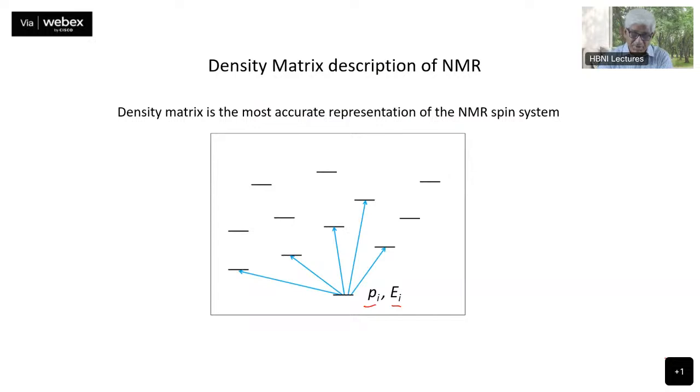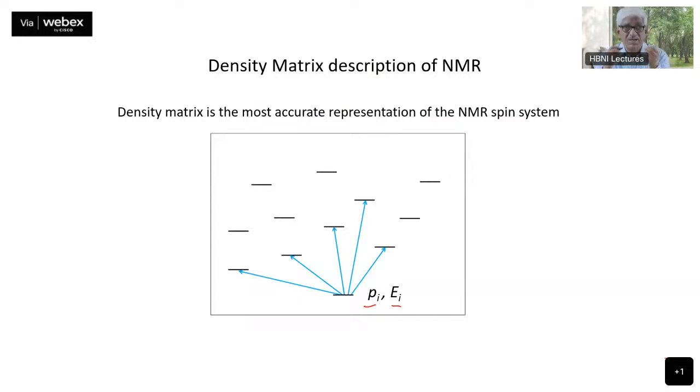There can be various kinds of transitions and correlations between these levels, and these are indicated by these blue arrows. The system can be in an equilibrium state or in a non-equilibrium state. What does equilibrium state mean? It means that all the populations are as per the Boltzmann statistics, because we follow Boltzmann statistics for the nuclear spins.